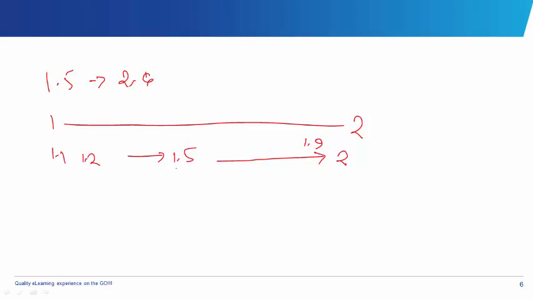So 1.5 is just in between 1 and 2. So if we're now talking about approximation, it's easy to approximate 1.5 and convert it to 2.